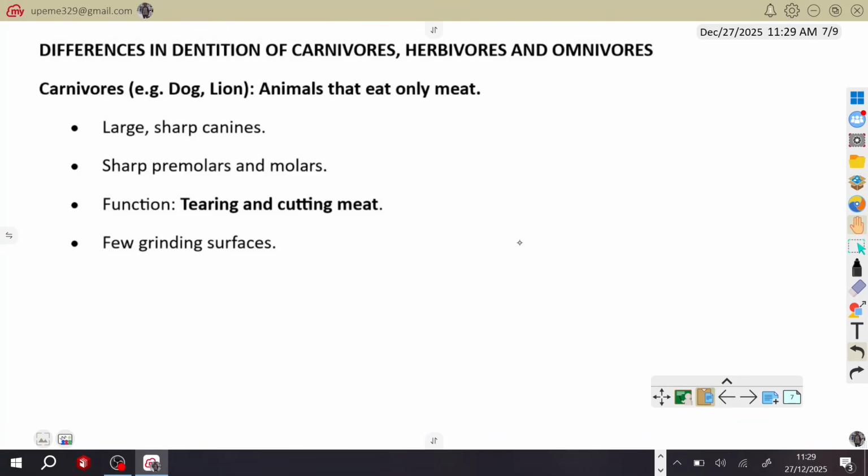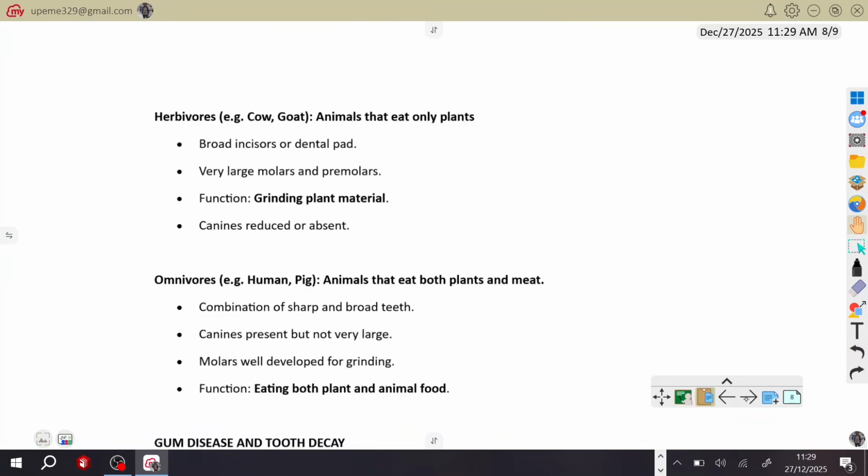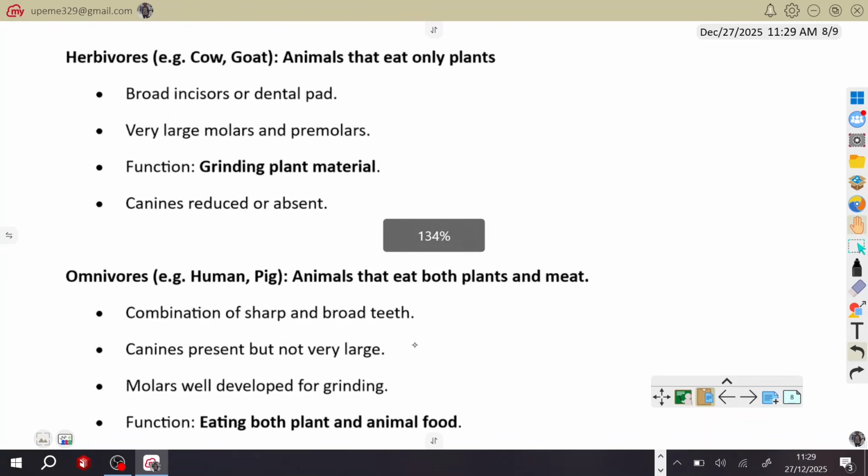Then we move on to herbivores. Examples of animals that are considered herbivores are cow and goat. These are animals that eat only plants. They don't eat meat, they just eat plants. They are known as herbivores.